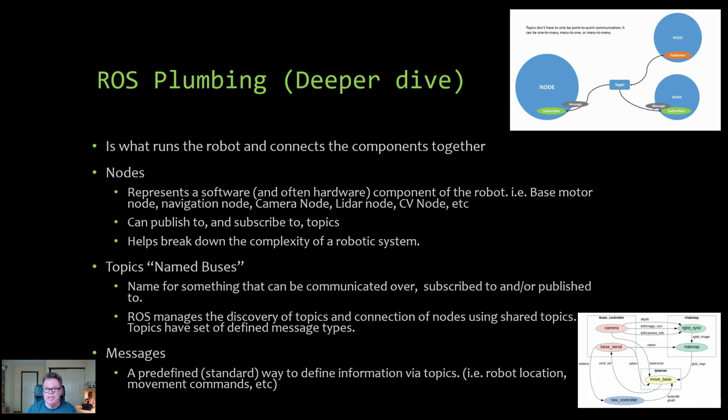Topics always have defined message types associated with them. So say you have a topic about moving the robot base, there's a message type called the command velocity message type, so that anything that wants to be aware of or respond to movements of the base can just listen for the topic, and they'll be able to interpret the command velocity message however their base works.